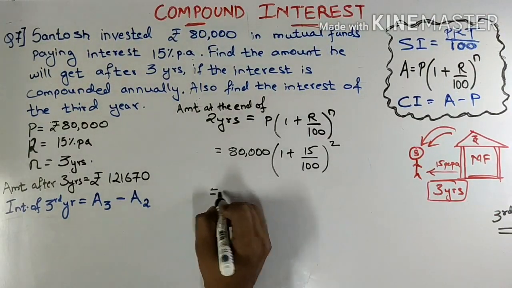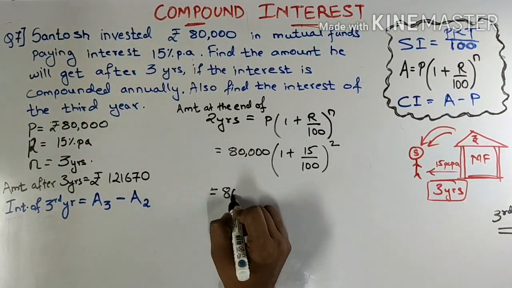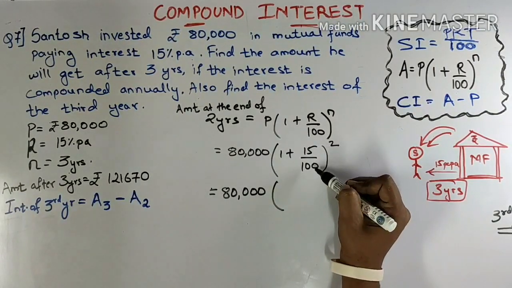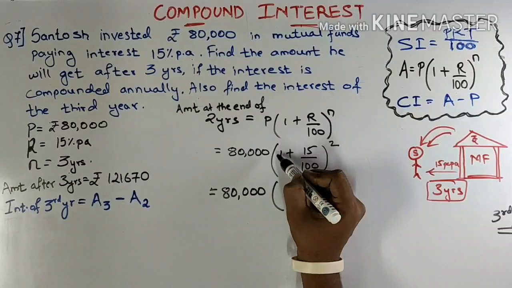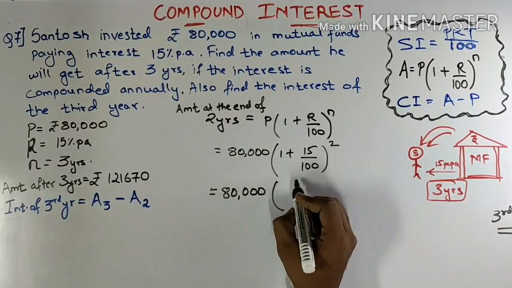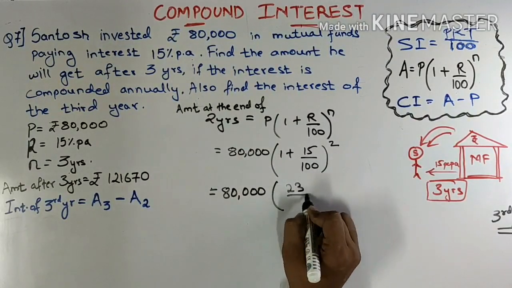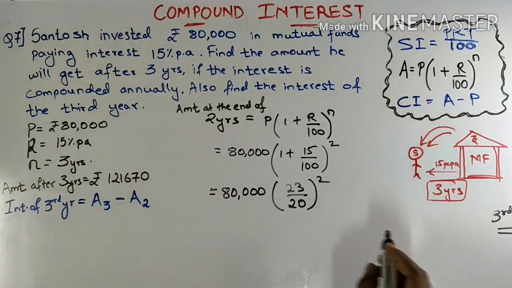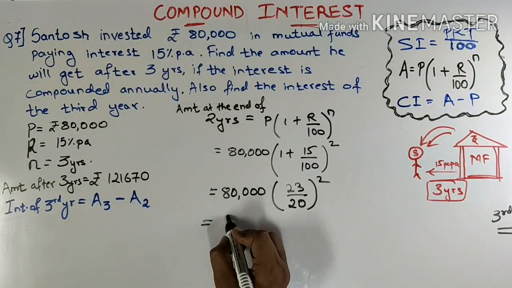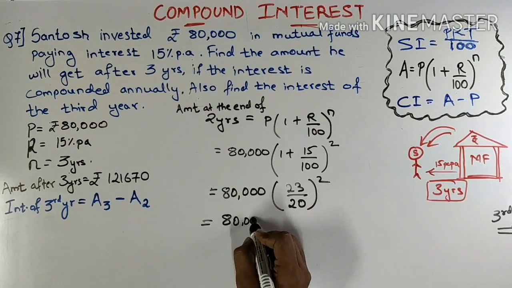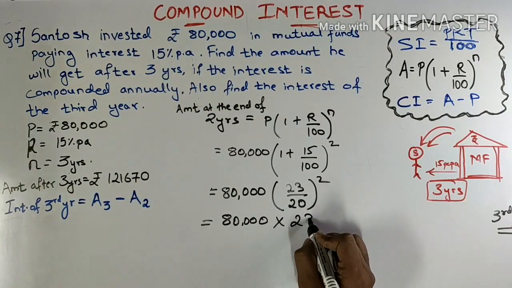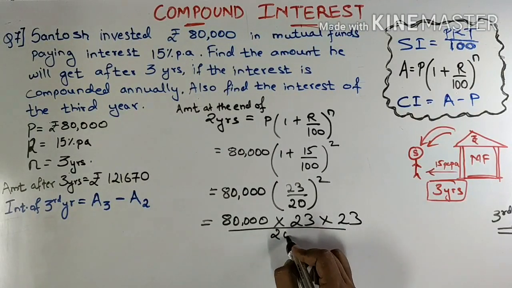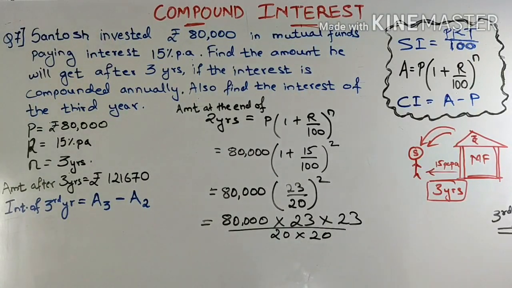On simplifying, like the previous half of the problem, we can write it as 5 3s are 5, 20s are. Taking LCM and adding, it becomes 23 upon 20 raised to the power 2, which in turn can be written as 80,000 multiplied by 23 into 23 upon 20 into 20.